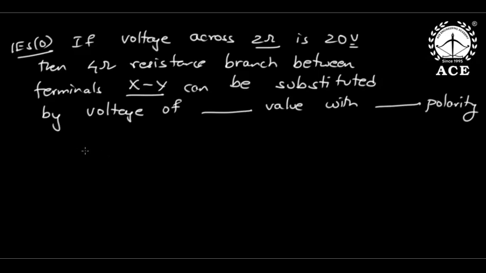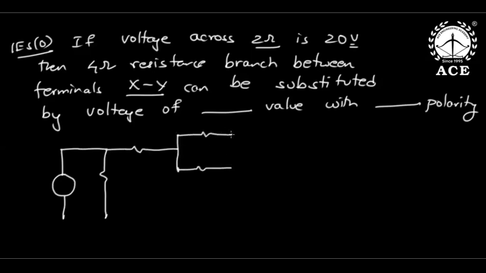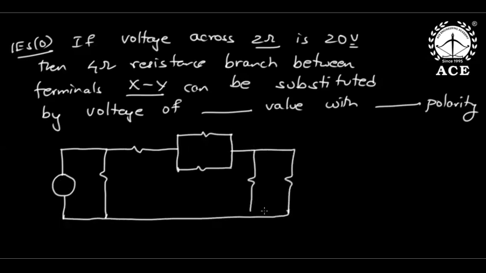Okay, now I'm giving the network here. This is source voltage E, source side resistance R. This is 2 ohms, 1 ohm, 3 ohm, 1 ohm, 4 ohm.